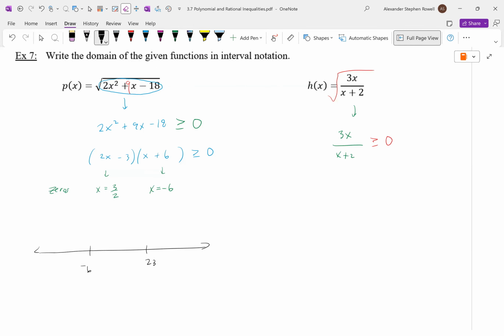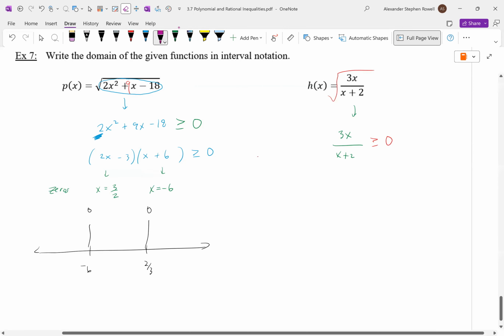Here's 2/3. Do you want to know a shortcut? It only works for the quadratics. Is this polynomial upward facing or downward facing? That lead term is positive, right? It's upward. I found the zeros, and I know it's upward. What does that mean?